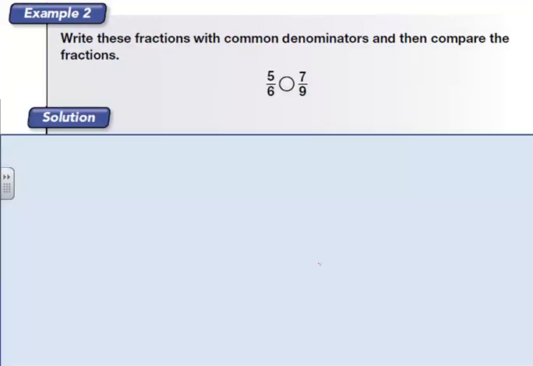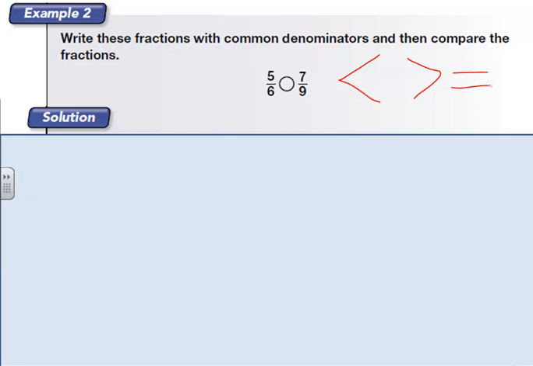Write these fractions with common denominators and then compare the fractions. The reason we do this is because to look at 5/6 and 7/9, it's hard to tell whether it's less than, greater than, or equal to. But we know that there's a number that both 6 and 9 go into.